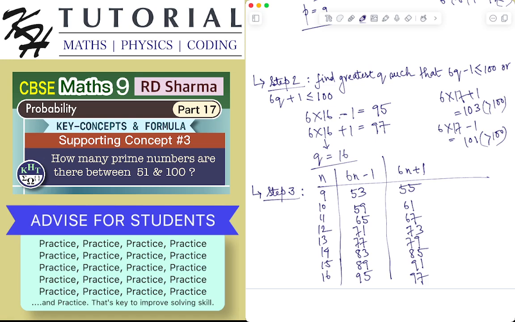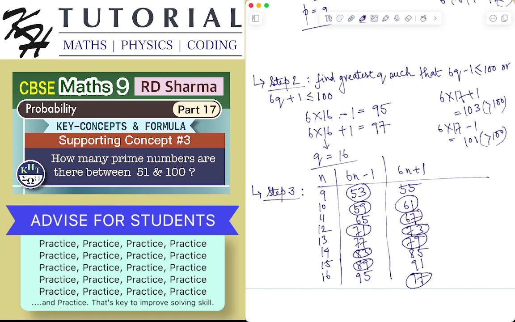So let's circle all the numbers which are prime. 53 is prime, 59 is prime, 61 is prime, 67 is prime, 71 is prime, 73 is prime, 79 is prime, 83 is prime, 89 is prime, 97 is prime.